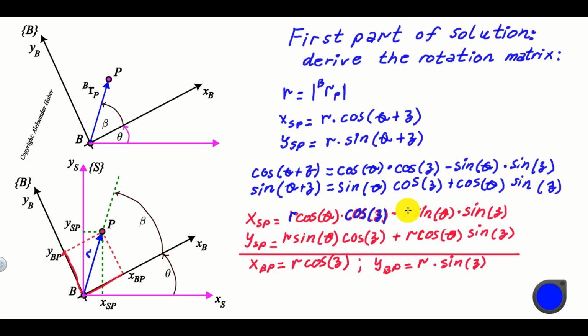Then we can see over here that this term, R multiplying sine beta, is actually YBP. Similarly, we can see that this term R multiplying cosine beta is again XBP, and over here R multiplying sine beta becomes YBP. And this is a very important observation.